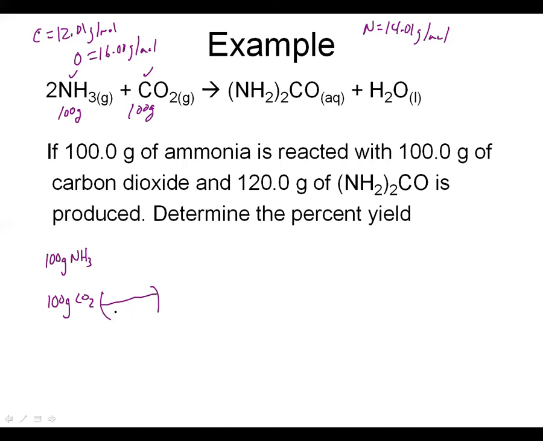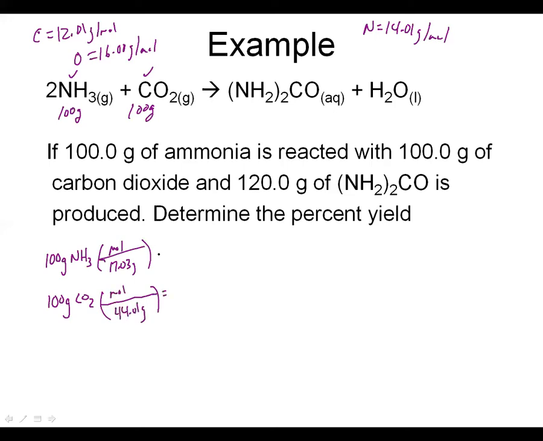Nitrogen 14.01 plus 3 hydrogens at 1.008 each, which I guess would have been good to give you that number, will get you 17.03 as our molar mass for our NH3. And our 44.01 here for our CO2.